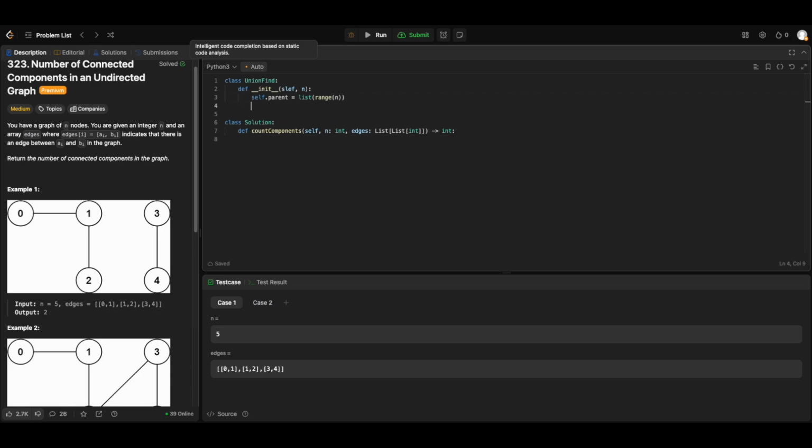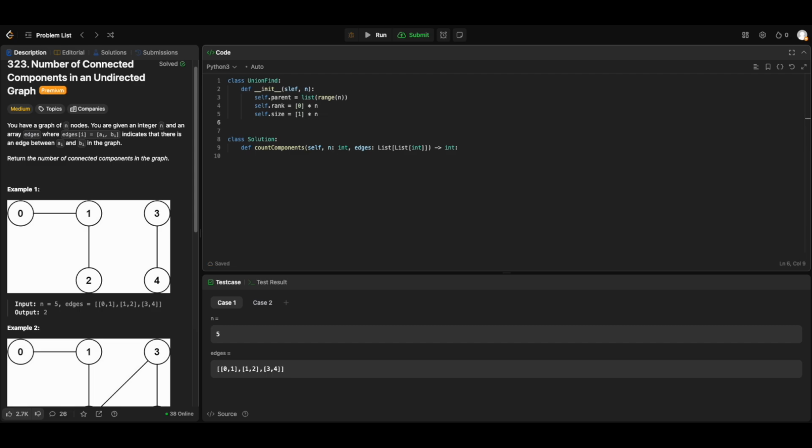Okay. Self.rank equal to 0 times n. You could also have self.size, right? It's very robust, but you don't really need it, you can use just rank with this solution. Size would be 1 times n, and the count.